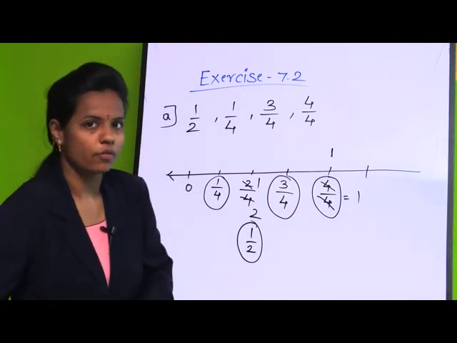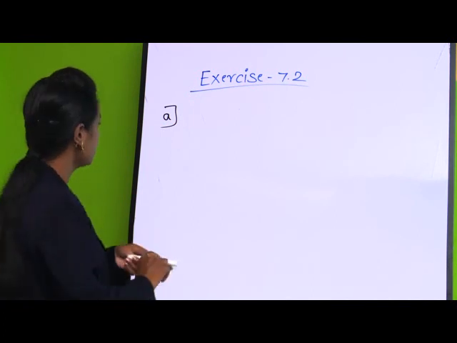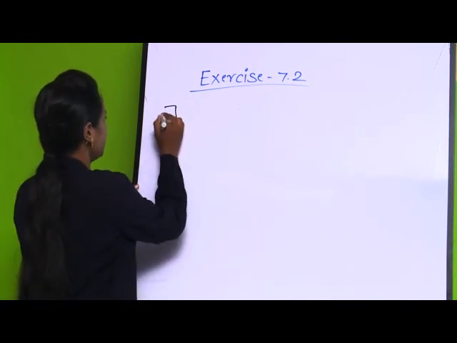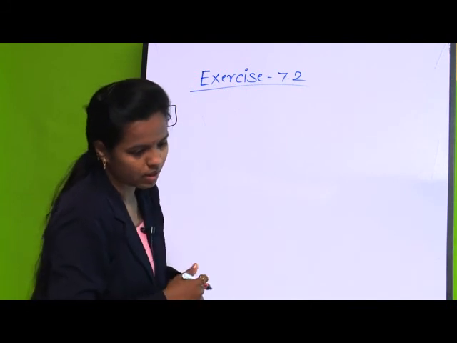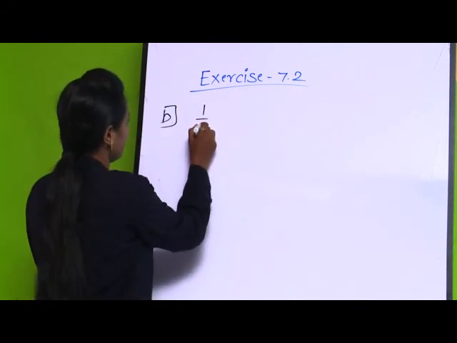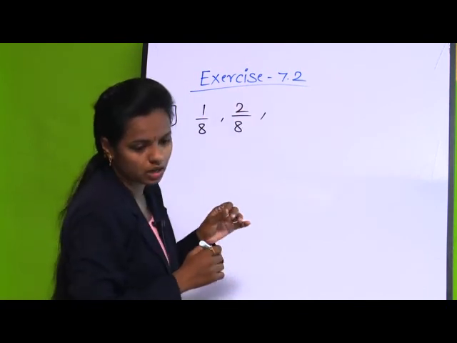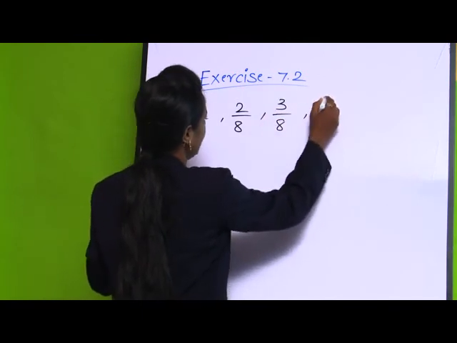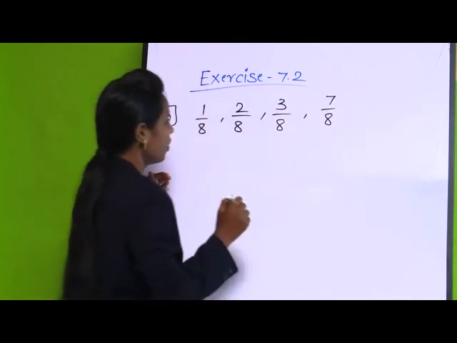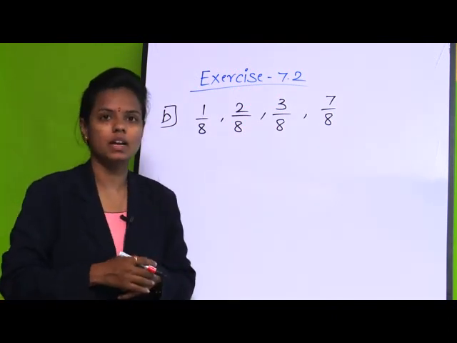Let us see one more example. Same question, but this is B1, and the question is 1 by 8, 2 by 8, 3 by 8 and 7 by 8. These are the fractions.